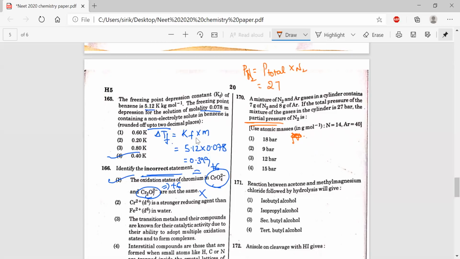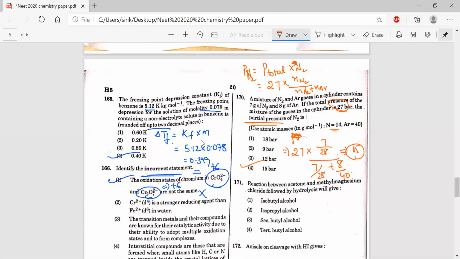P total is already given as 27 bar in the question, and you need to calculate the mole fraction, which is the number of moles of nitrogen by total number of moles, meaning number of moles of nitrogen plus number of moles of argon. Clear? Now substitute the number of moles of nitrogen, weight by molecular weight, 7 by 28, and 7 by 28 plus weight of argon is 8, and molar mass of argon is 40. Here N2 is there, that's why I have taken double of this. Substitute and solve it, we will get our answer.